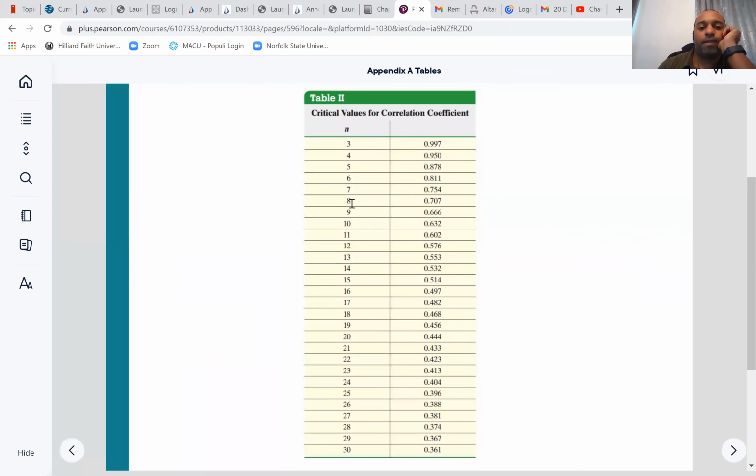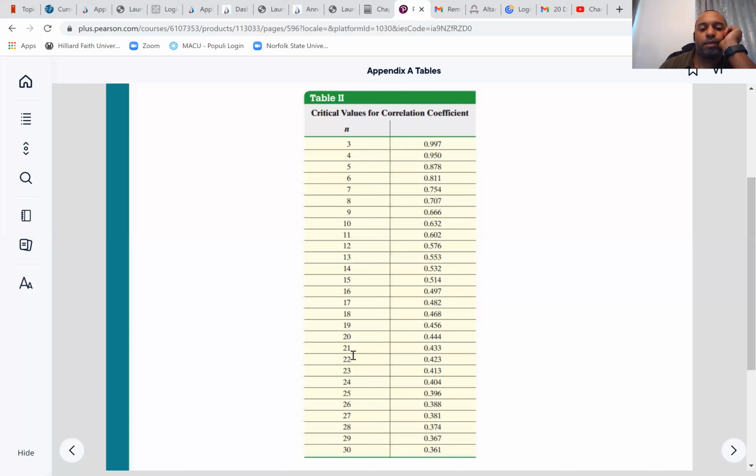All right, so we have 8 observations. So our critical value is 0.707. Is everybody okay with that? If I had 5 observations, then my critical value would be 0.878.